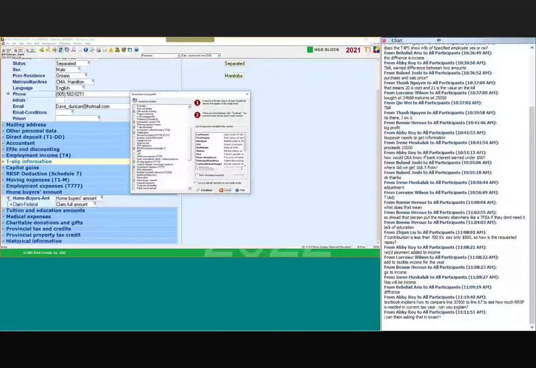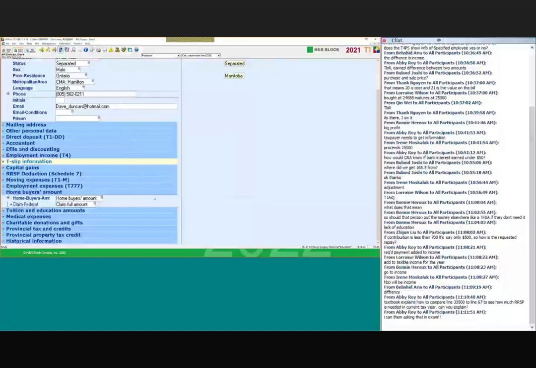So we have the home buyer amount, and he could claim the full amount, or you can claim a specified amount. In the case of a spousal situation, we can determine who is better to claim it, or it can be split equally.